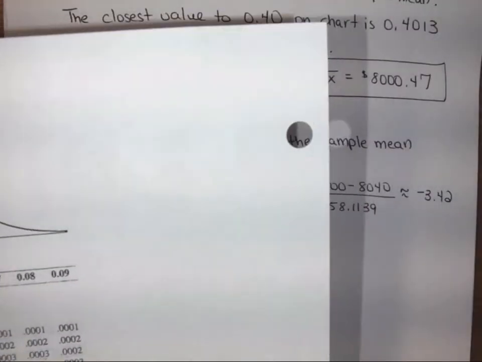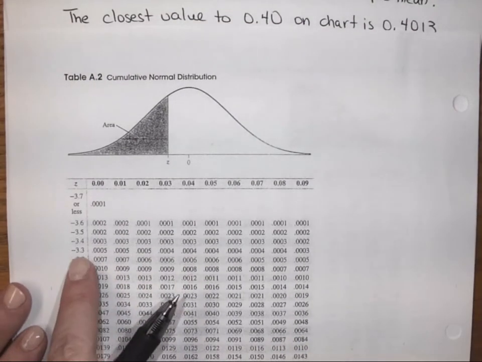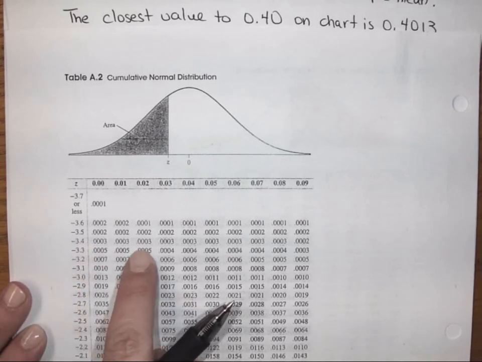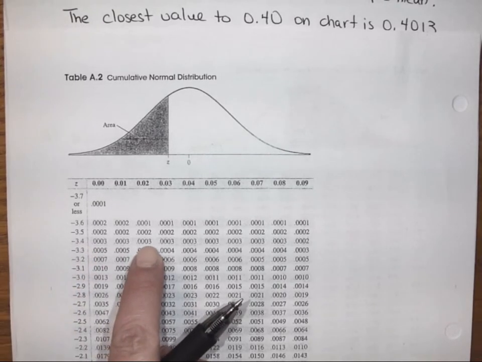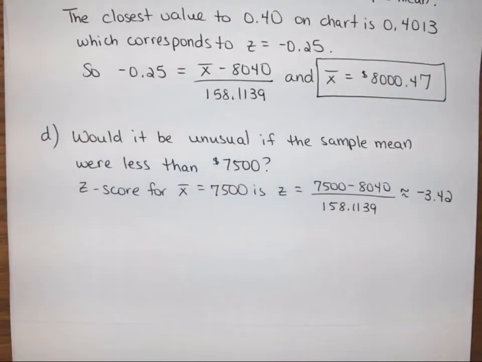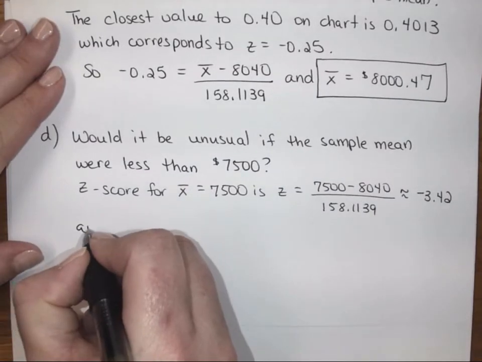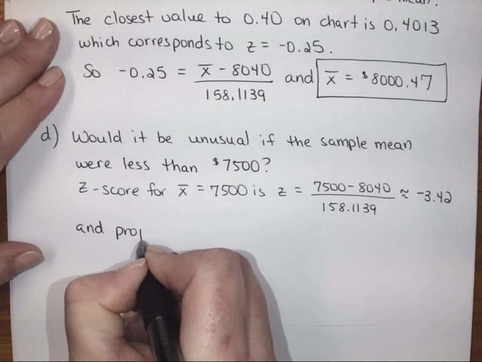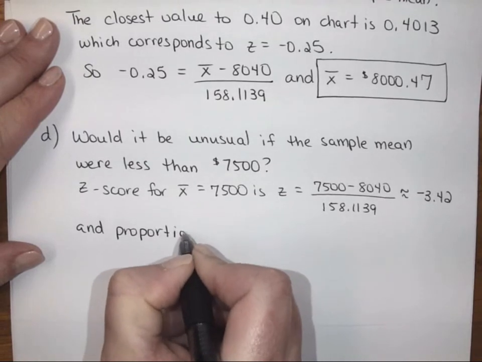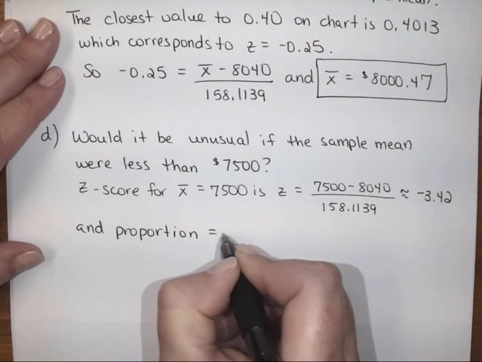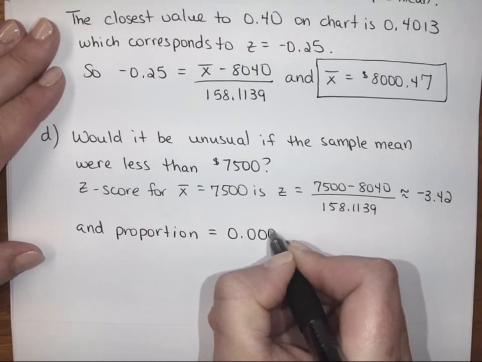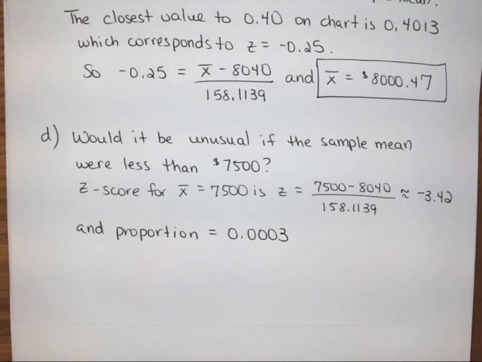So let's look at this. I wanted to look at the chart here. So notice negative 3.42 is really pretty tiny, right? So the matching proportion with this one is 0.0003.